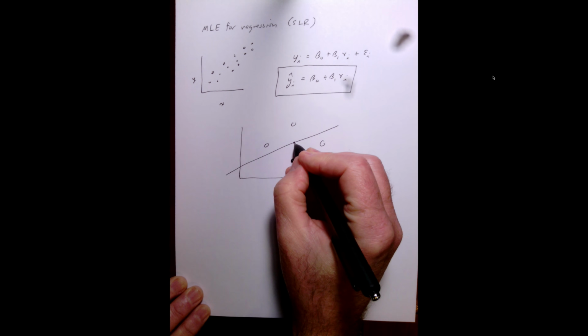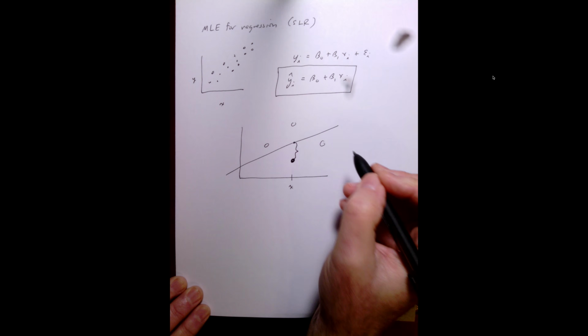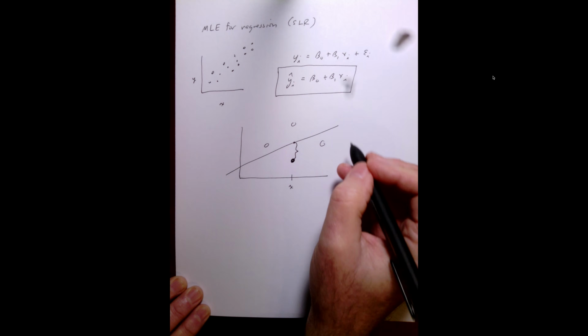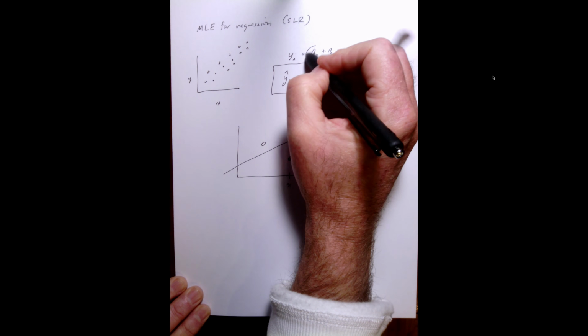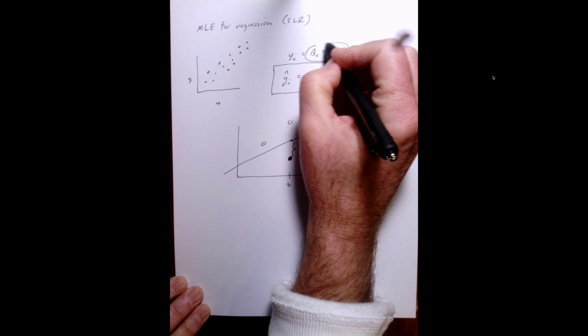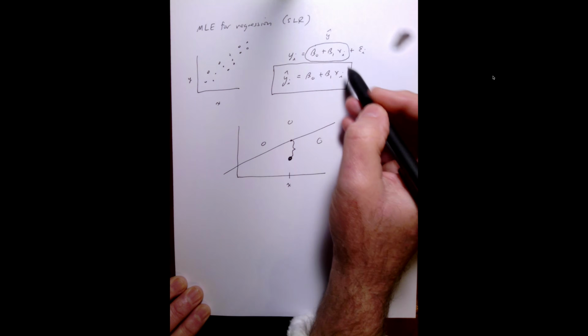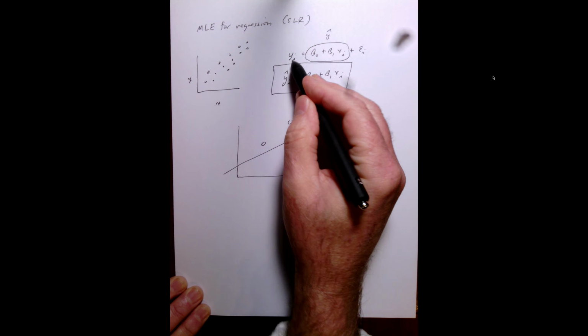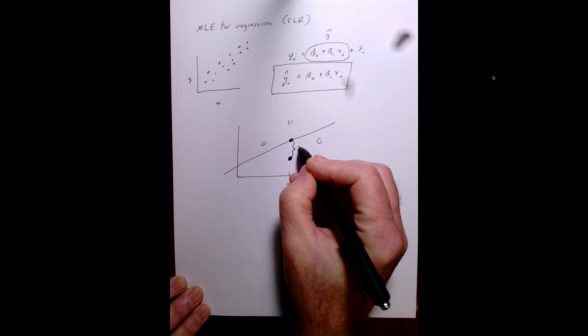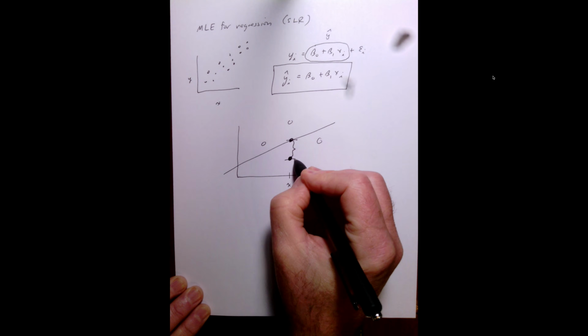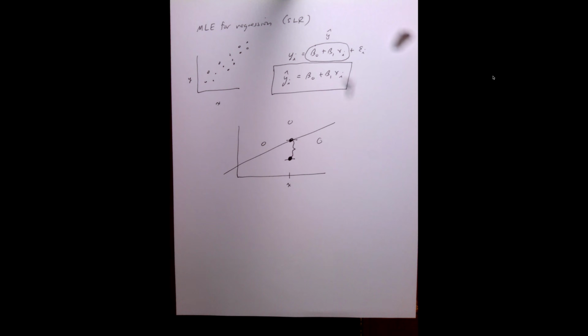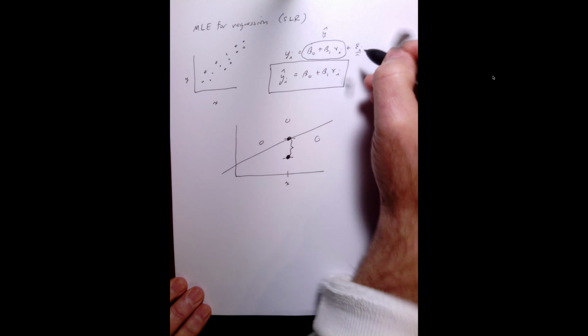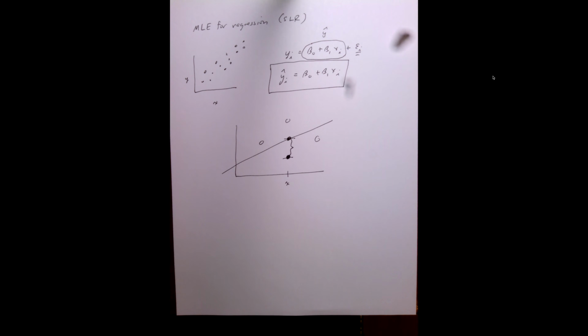Well, I have to have an error term here to actually make those two equal. Because this essentially is just y hat. So to make my y hat and my observed y equal, there's typically some space in here that has to be added or subtracted, and that's precisely what the error term is.